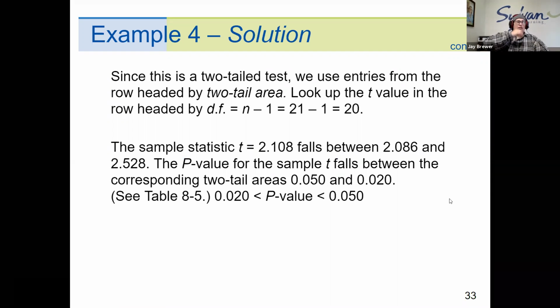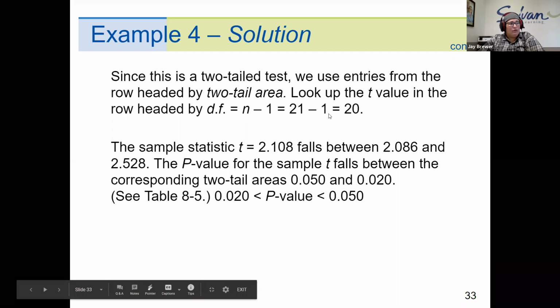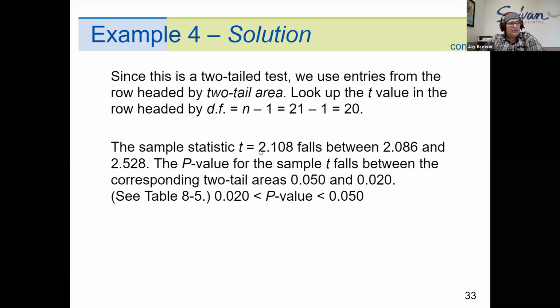Since this is a two-tailed test, we use entries from the row headed by two-tail area. Look up the t-value in the row headed by degrees of freedom n-1, so we know we have 20. The sample statistic t equals 2.108 falls between 2.086 and 2.528.